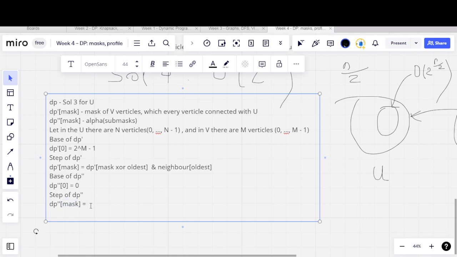We choose maximum the pair two strich between oldest solution, mask XOR 2 to the power of oldest.